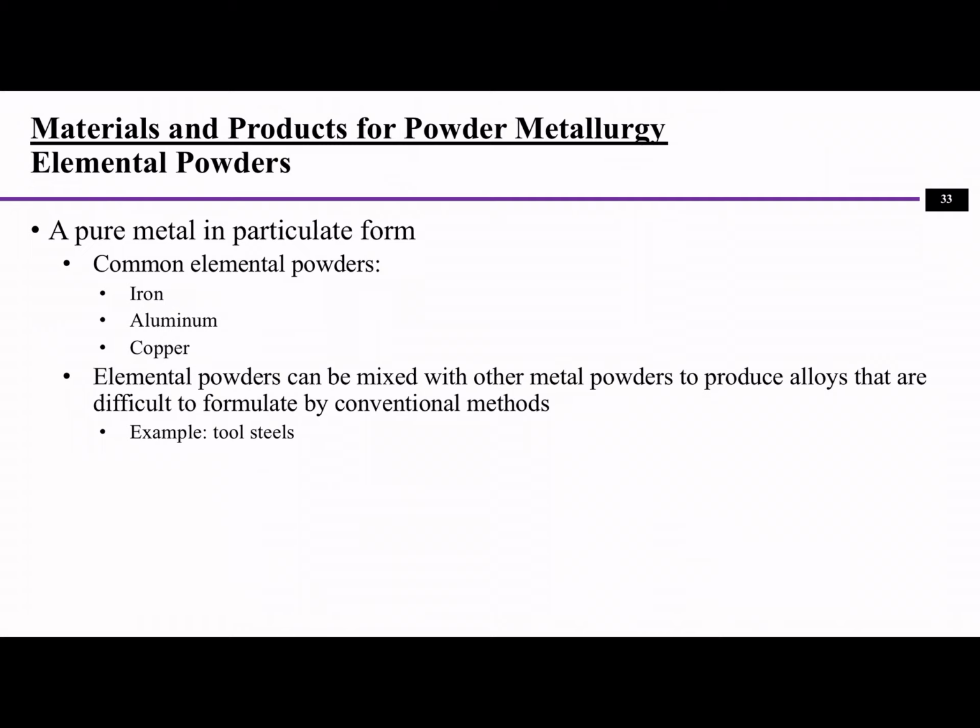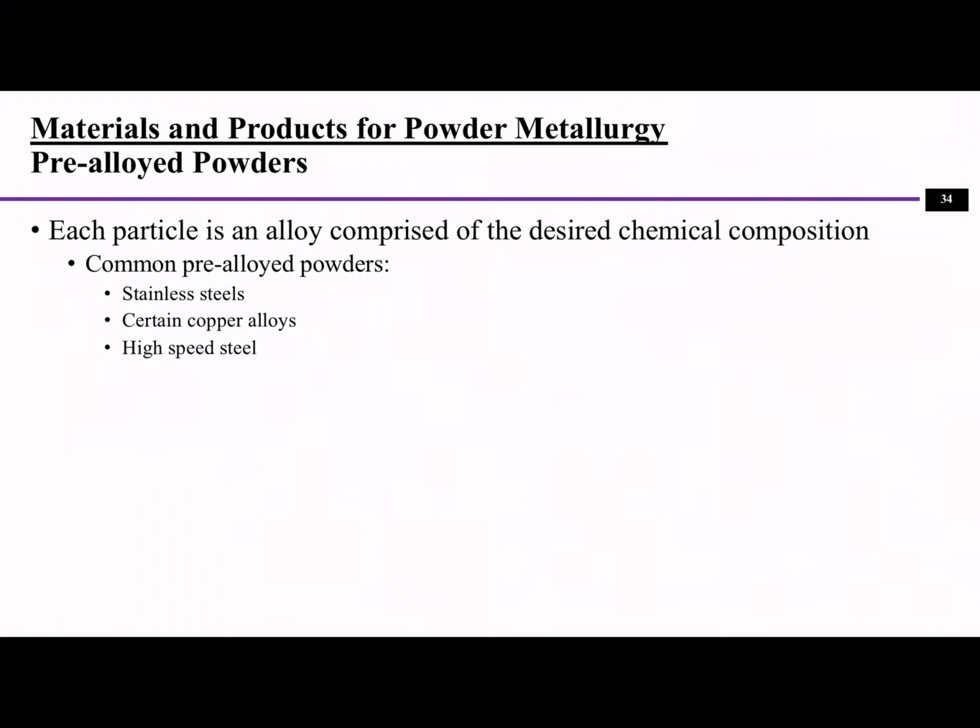Some are elemental powders, the pure metal in particle form. Common elemental powders include iron, aluminum, and copper. Those elemental powders can be mixed with other metal powders to produce alloys that are difficult to formulate by conventional methods, such as some of the tool steels.